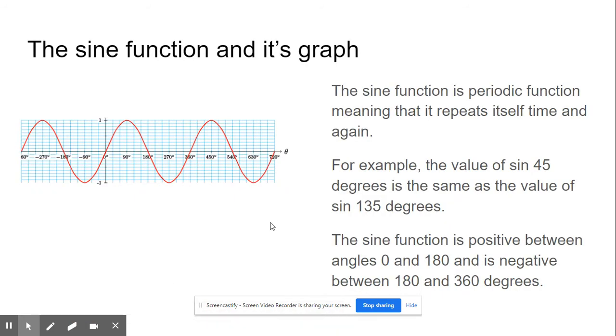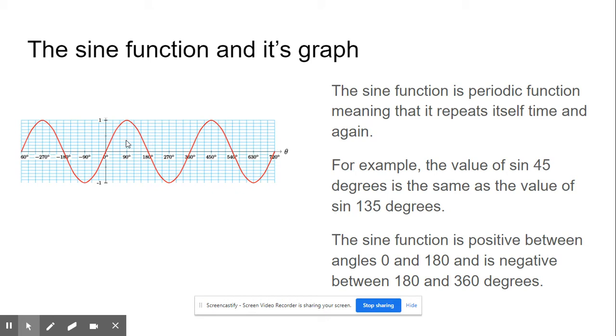Both SLT3 and SLT4 examine the sine function. The sine function is a periodic function, meaning that it repeats over time. As you can see here, this is almost like a wave where it goes up and down, and values for y repeat over time.